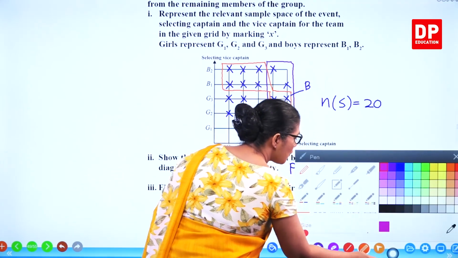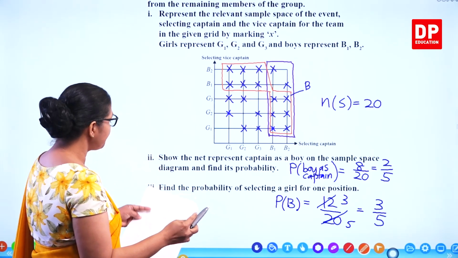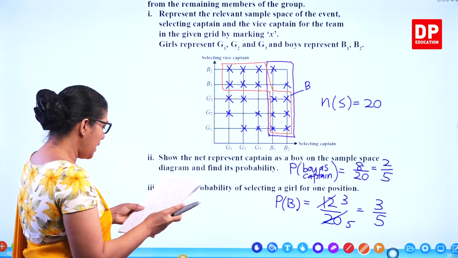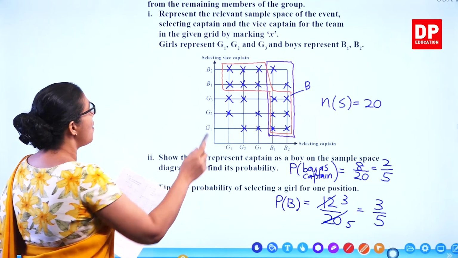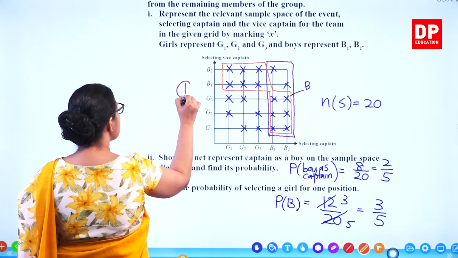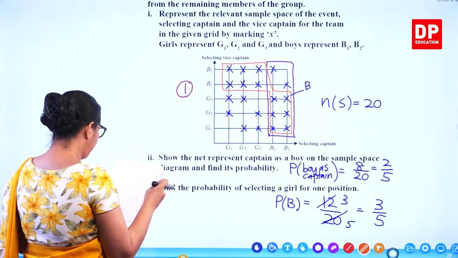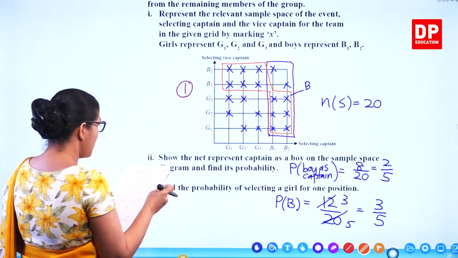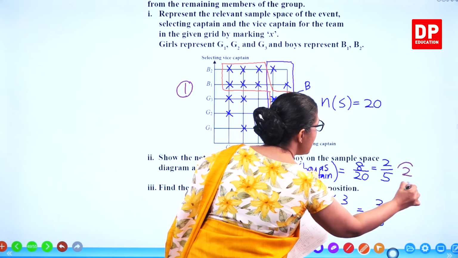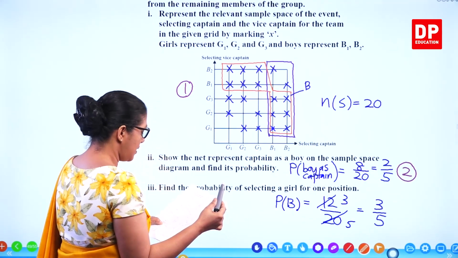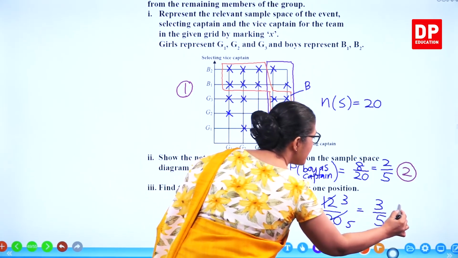So we'll give marks for these steps. Part B, you get 1 mark for marking all possibilities. And then 2 marks for finding this probability and 2 marks for this.